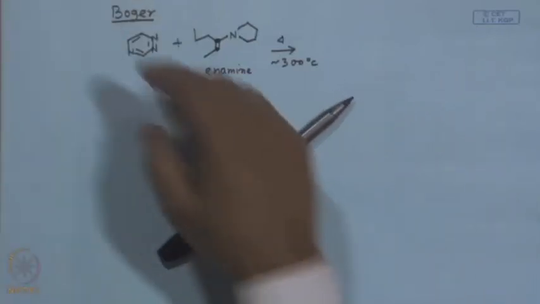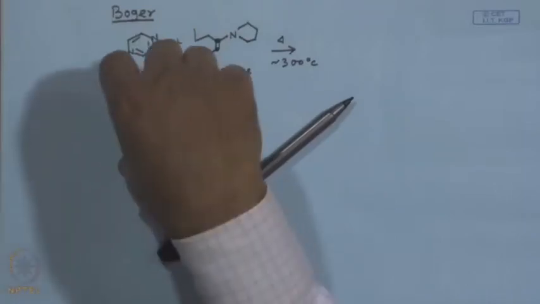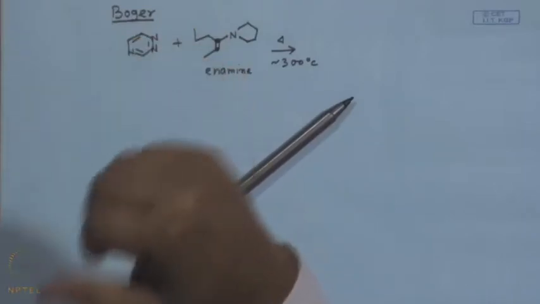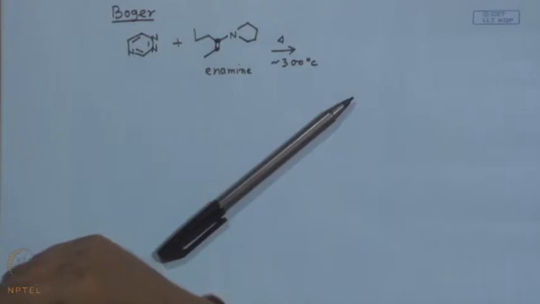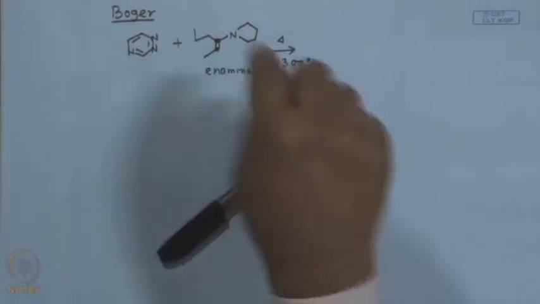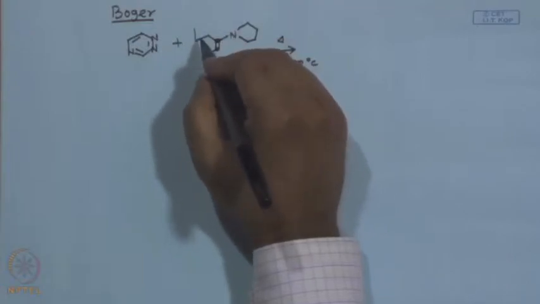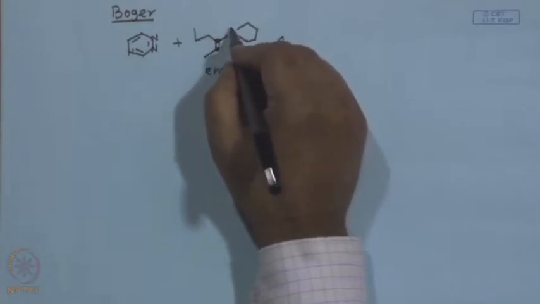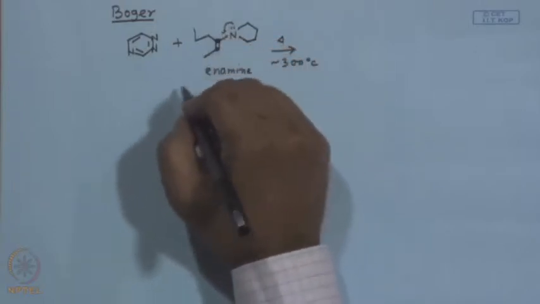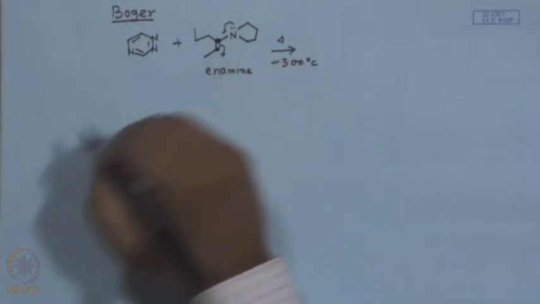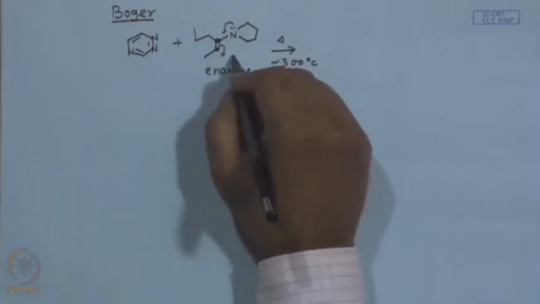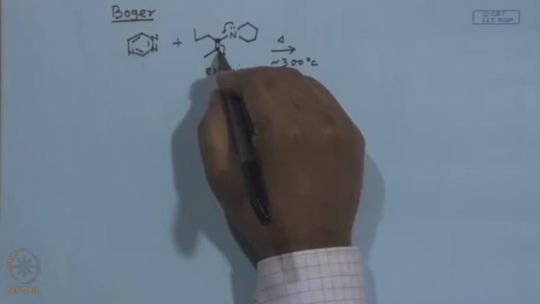So, any 4 bond component or 4 atom component could be taken as the diene, but where do you see this? The nicest way to predict this is to first see that it is an inverse electron demand Diels-Alder reaction. So, look at the dienophile part. In this case, the electron density increases at the beta position of the enamine.